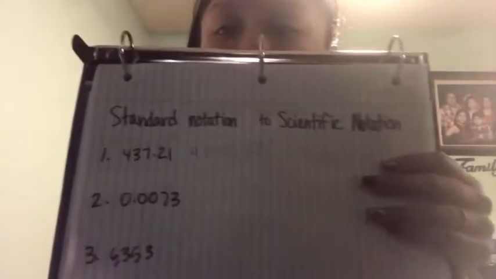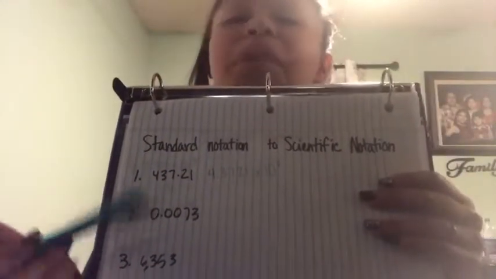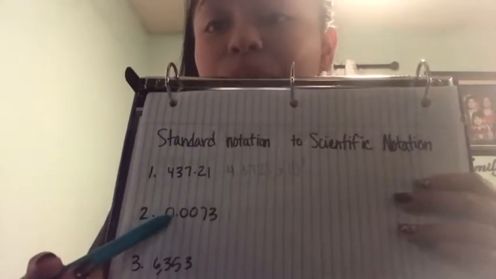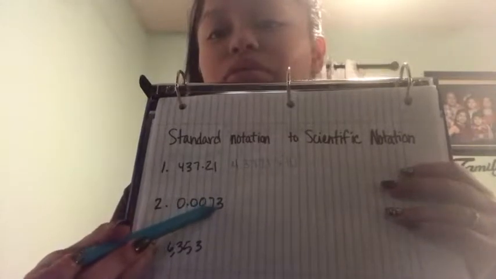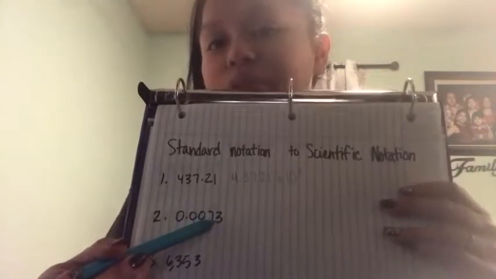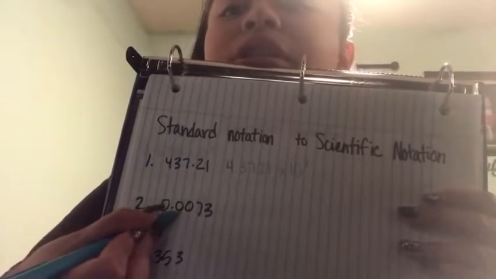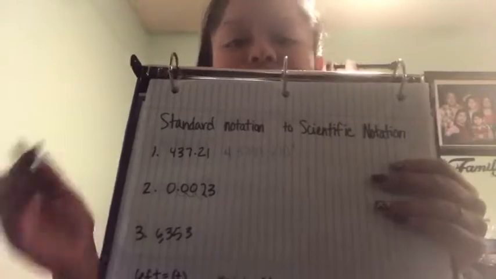Second example is 0.0073. So that's in standard notation as well. We have to write it in scientific notation. So we will move the decimal point so we can have one number in front of the decimal point. So we will go 1, 2, 3 spaces.